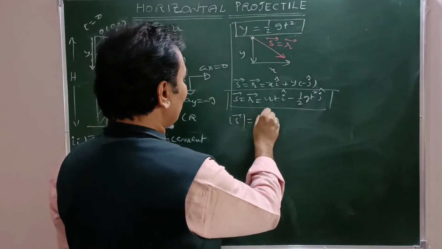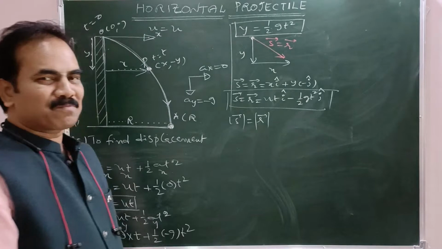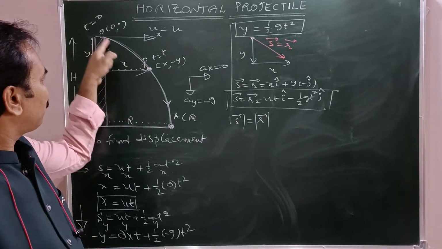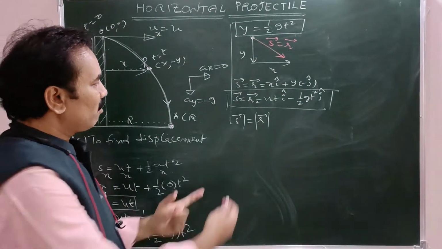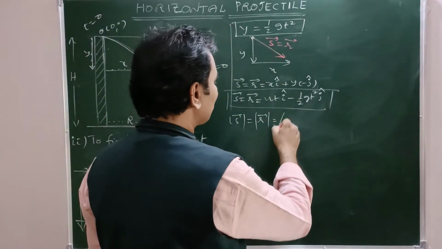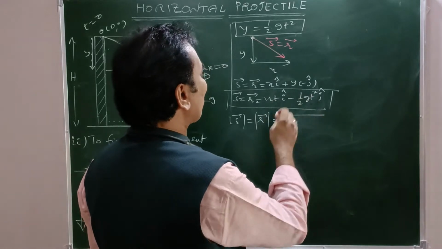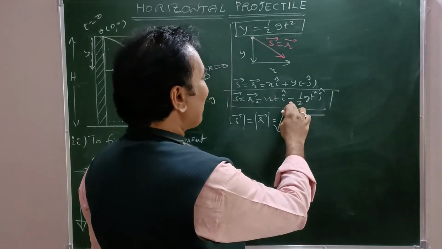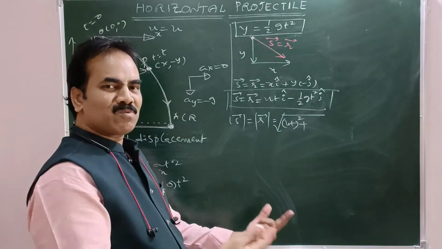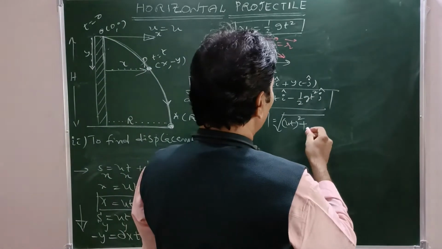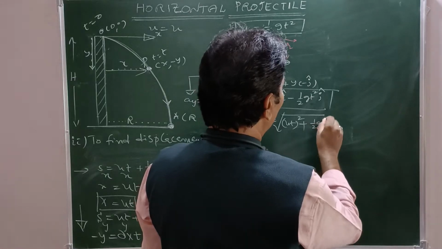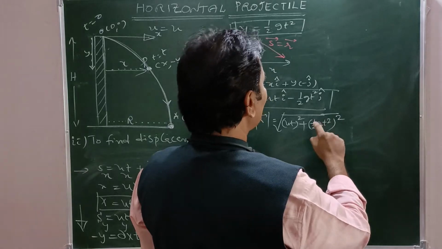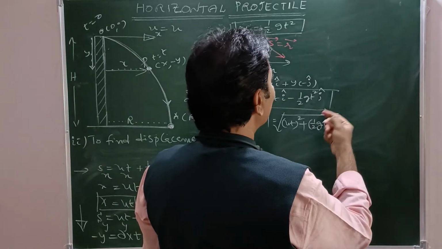Right? Now what is the magnitude, mod S bar, that is mod R bar? The modulus of displacement from here to there. On taking modulus, root over x square plus y square, x component square plus y component square. That is ut whole square plus minus half gt square whole square. Minus becomes positive on taking square, so half gt square whole square. No need to write the negative sign, because minus square means positive.